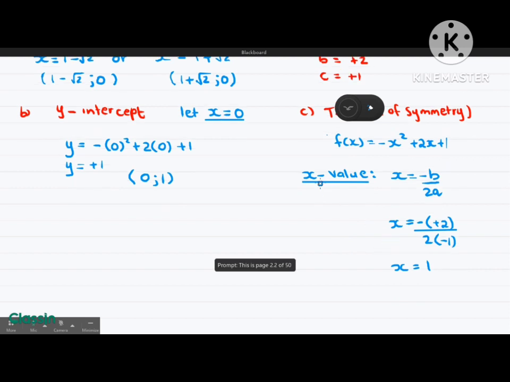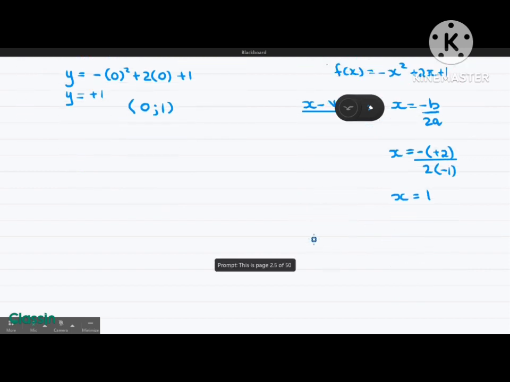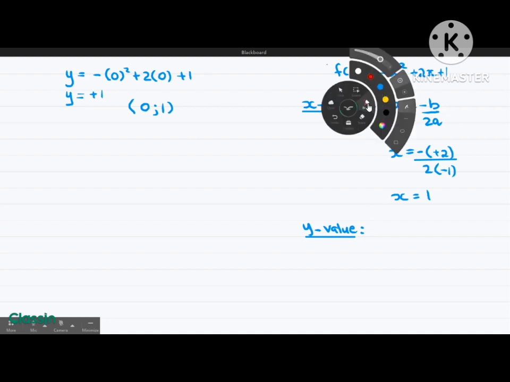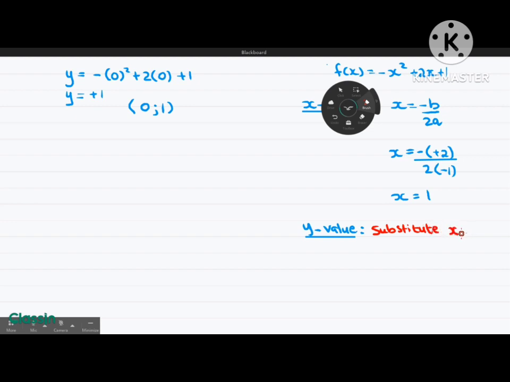Now, after finding the x value of the turning point, we go and find the y value. So we need the y value of the turning point, and therefore our y value will be calculated as such. On finding the y value, take note, we said that we substitute x equals 1 into f of x.